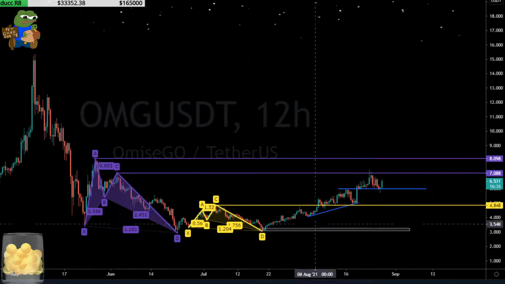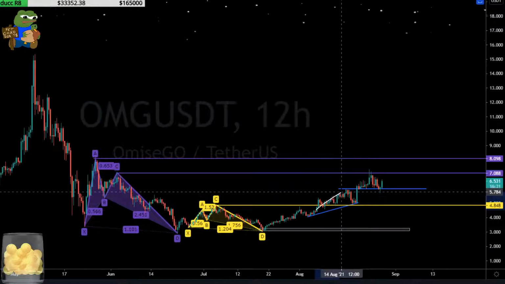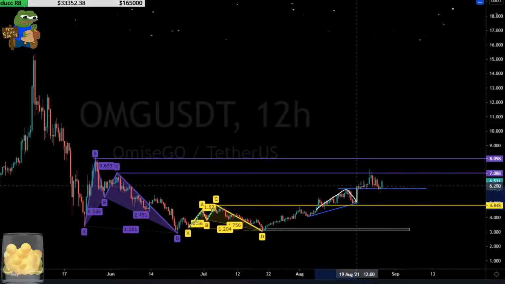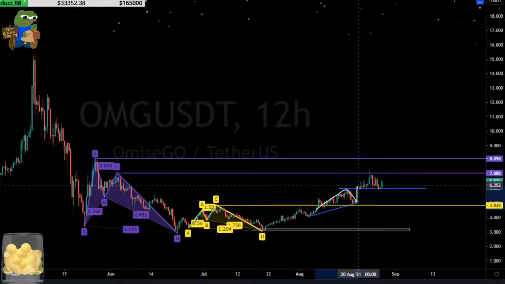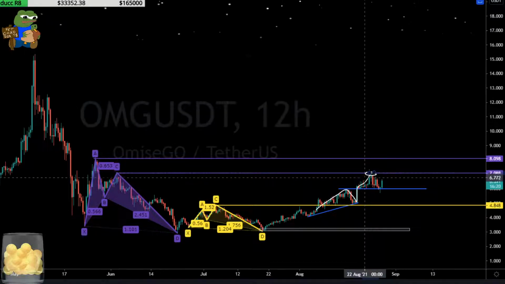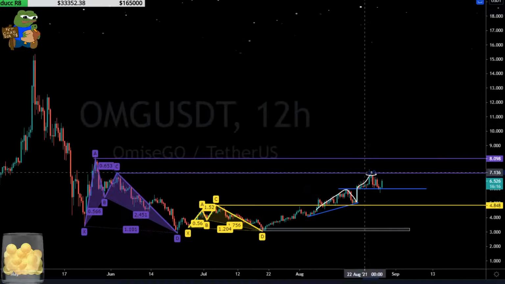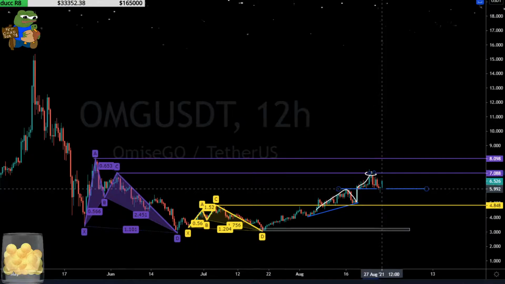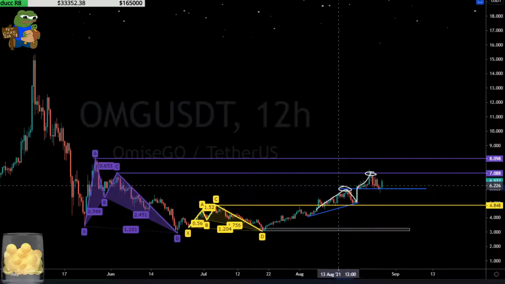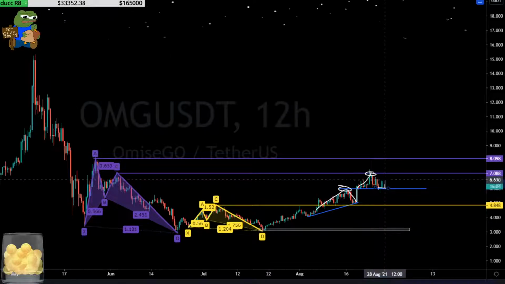We then broke through the top of the yellow cipher, butterfly, and back tested it as support, and then engulfed straight up. Okay. We then rallied up to the first target of the larger butterfly, and then now back tested the previous resistance area as support, okay, and are now engulfing off of it again.